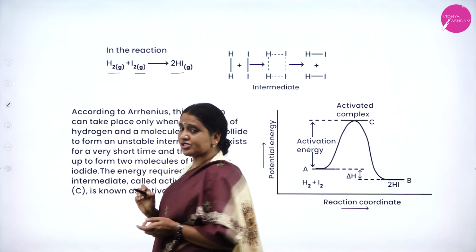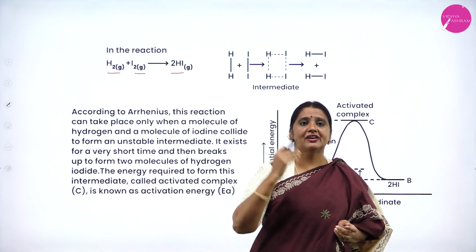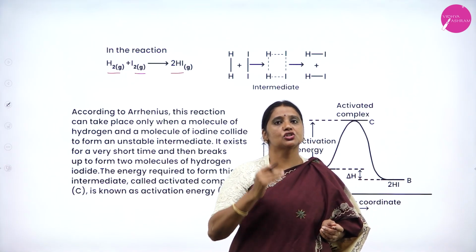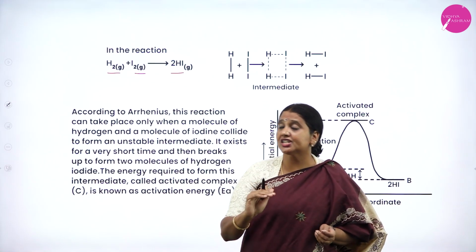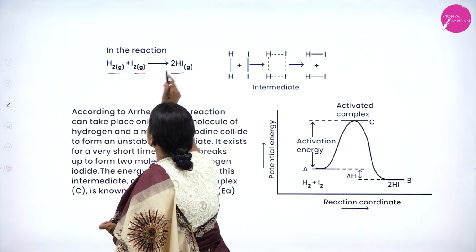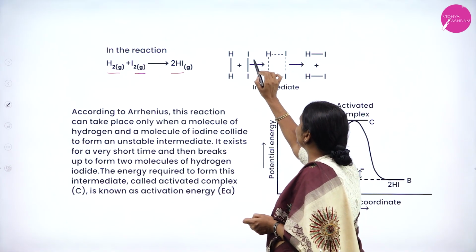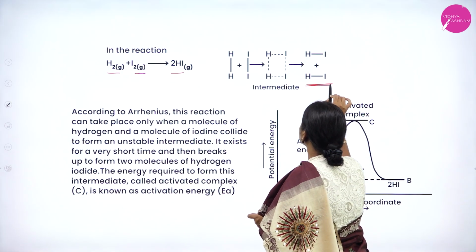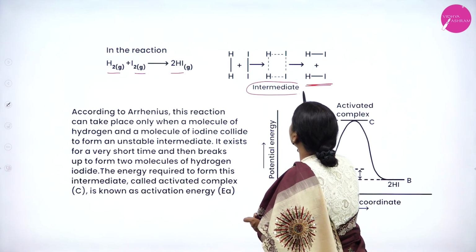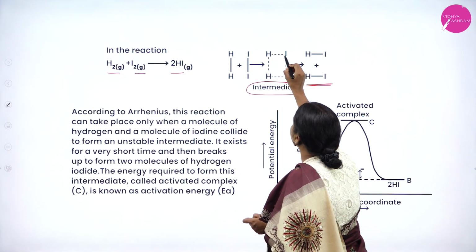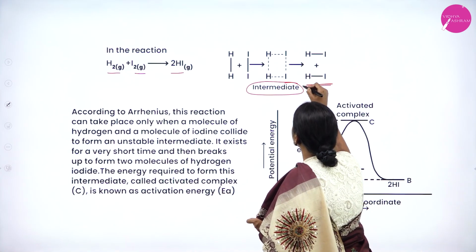It will form hydrogen iodide. All of you know that when hydrogen reacts with iodine, it gives rise to hydrogen iodide, and the reaction is represented as H2 plus I2 giving 2HI. But when hydrogen reacts with iodine, it does not form HI directly. In between, it forms an intermediate, where hydrogen and iodine are partially bonded.